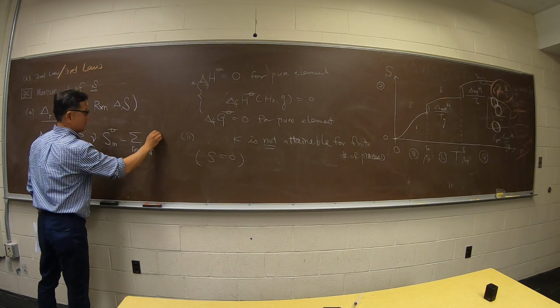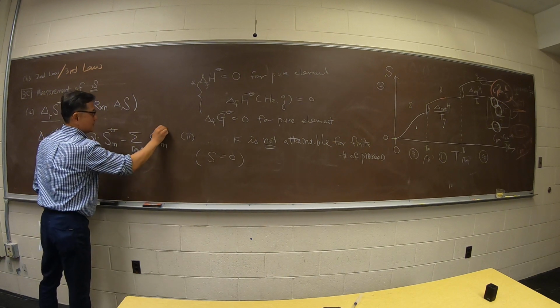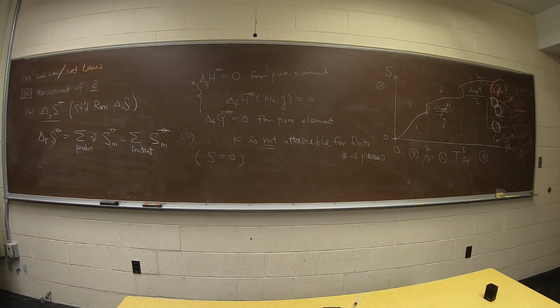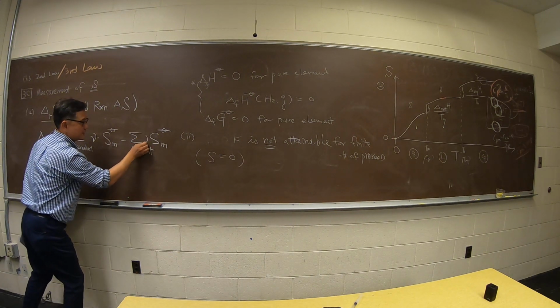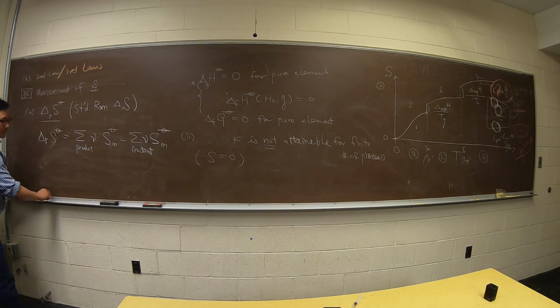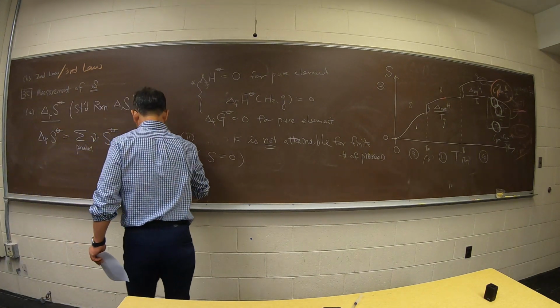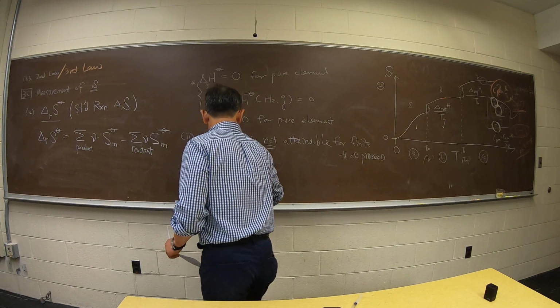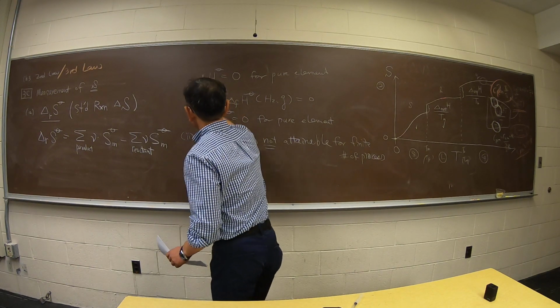Then the same for the reactants. So that's the equation that we use. There is an example in my class notes, and I'll just give you a little from that.